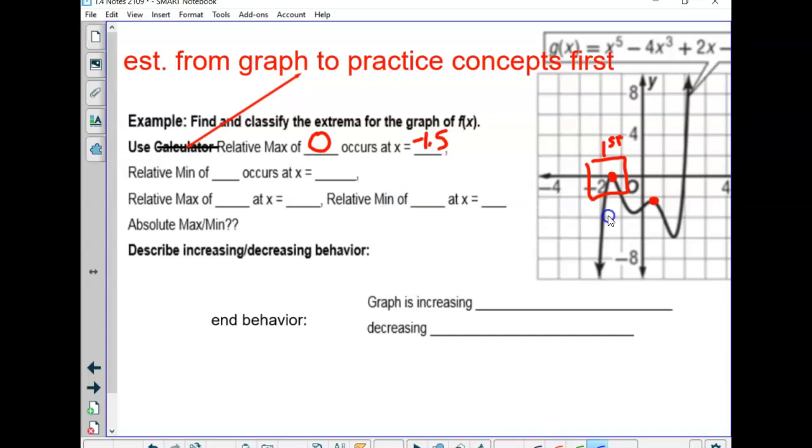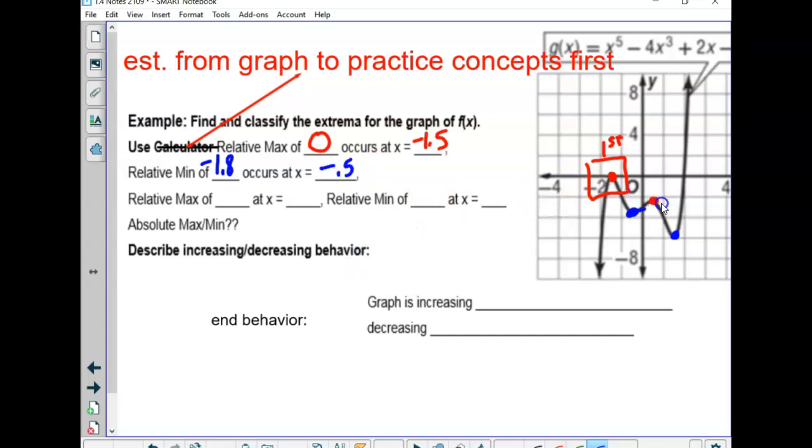So relative minimum would be here, or here? Which one do you want to do first? This one? What do you think the y value is? Does it hit -2 or is it like -1.8? I don't know. I'm just throwing something out there. When x is, what is the x value there? -0.5.